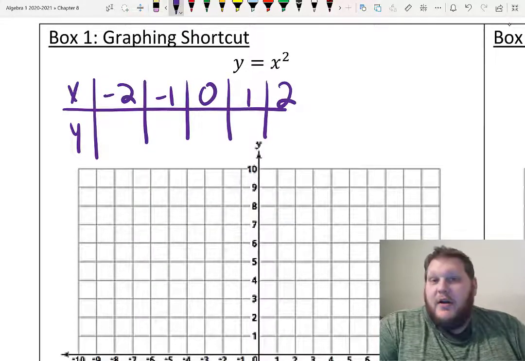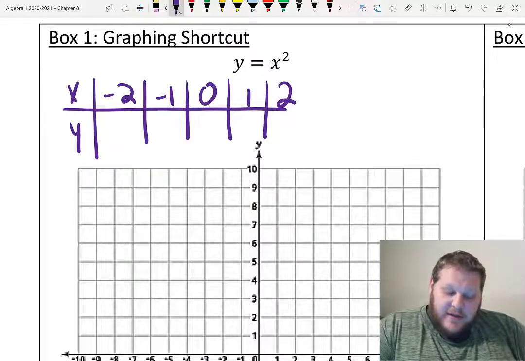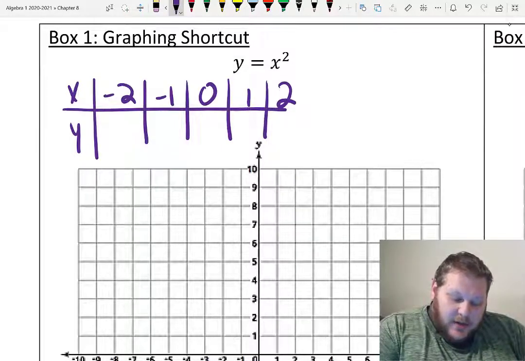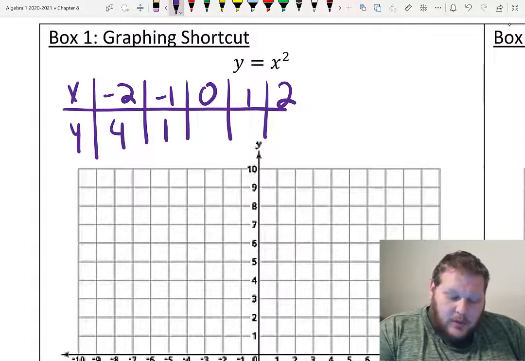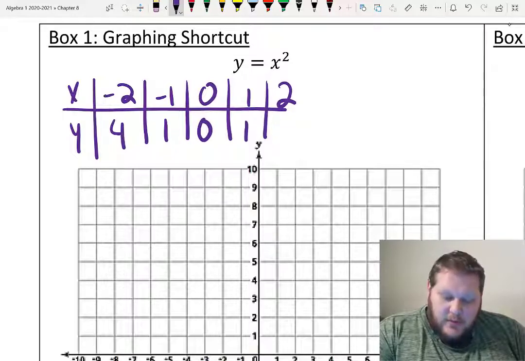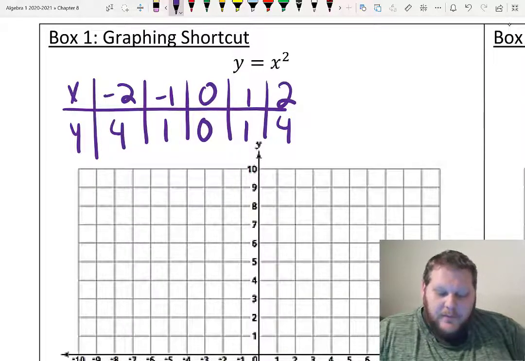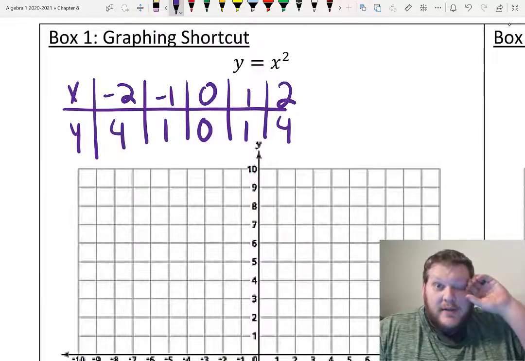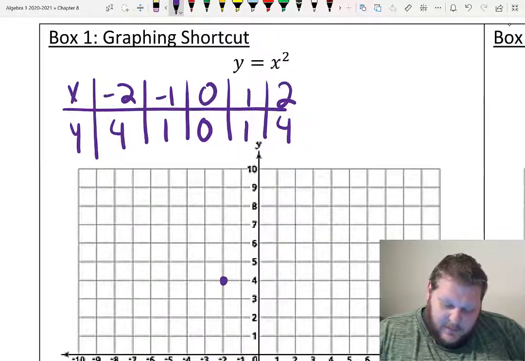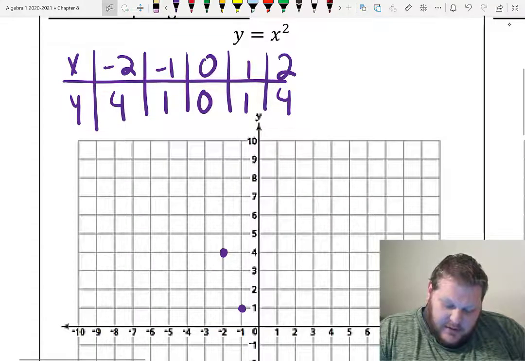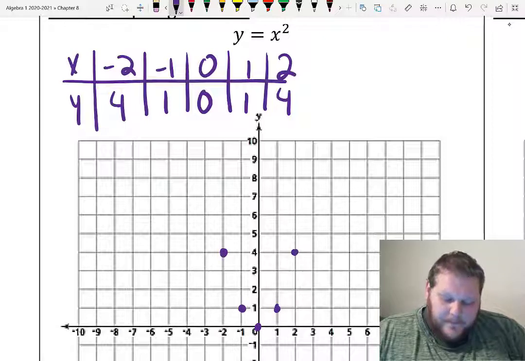So if I plugged in those x values, -2 squared is 4. -1 squared is 1. 0 squared is 0, 1 squared is 1, and 2 squared is 4. So I have those coordinates. -2 comma 4 is right there on my graph. -1 comma 1, 0, 0, 1, 1, and 2, 4.